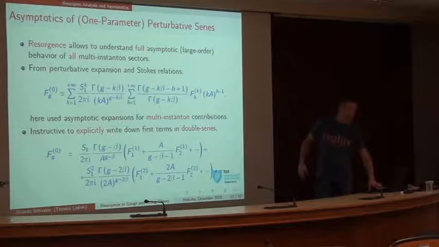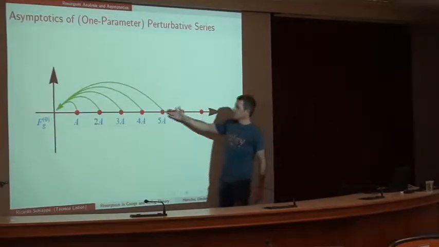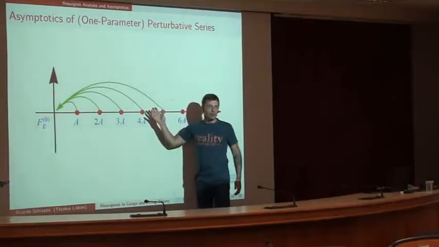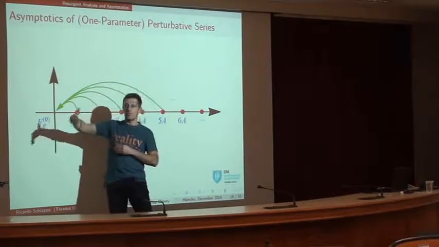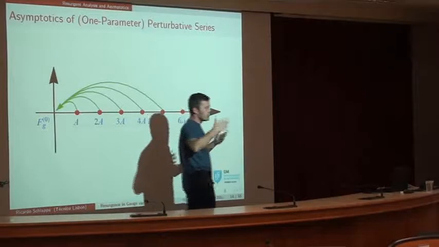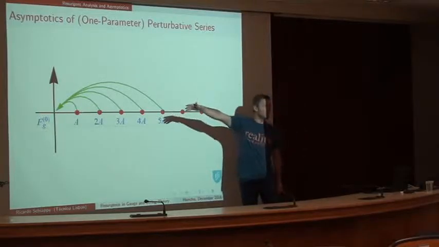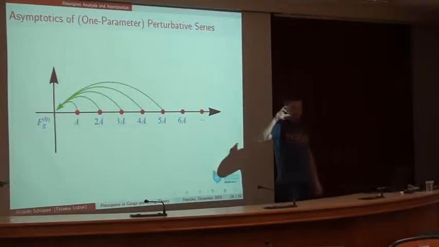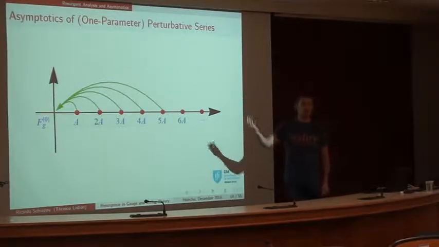So if you want a picture of this formula, it's just telling you that if I know multi-instanton data, I can predict the asymptotics of the growth of the coefficients in the perturbative series to arbitrary accuracy. But while we usually make use of these green arrows in the direction of predicting, we should, in fact, also see that these green arrows can work in the other direction and allow us to decode.